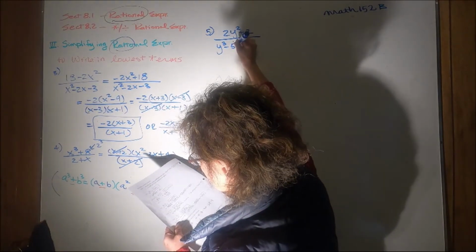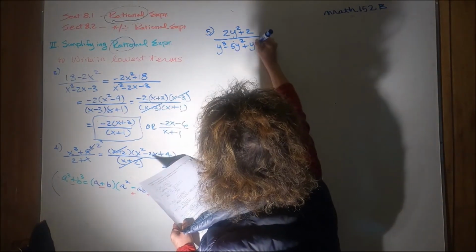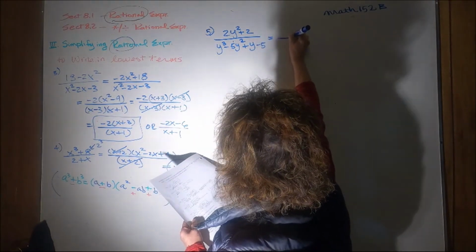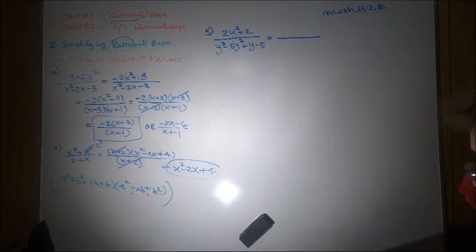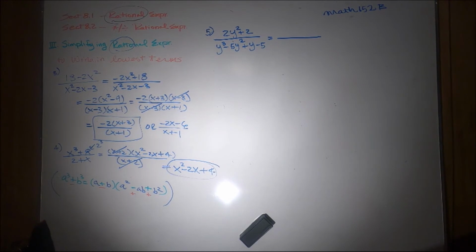For number 5. So, first we break down everything to primes. Then we cross cancel, right?